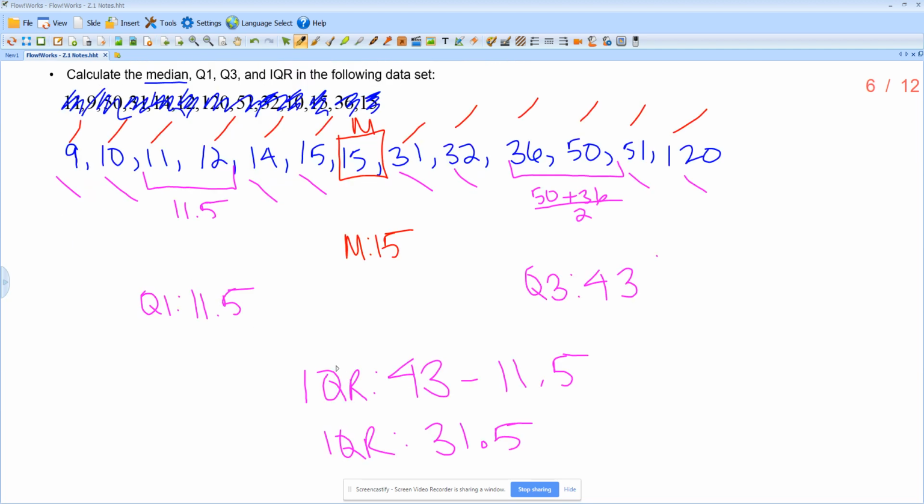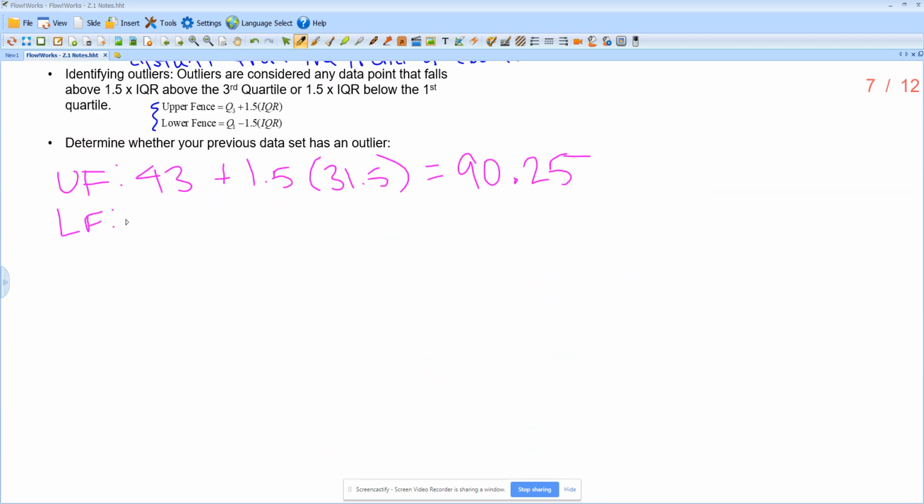Lower fence, we're going to take Q1, 11.5, and we're going to subtract 1.5 times 31.5. So typing that in, 11.5 minus 1.5 times 31.5 gives us negative 35.75.